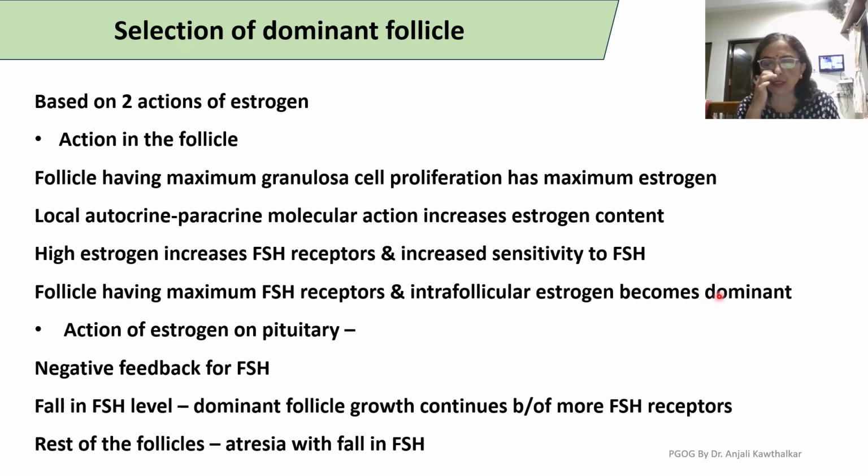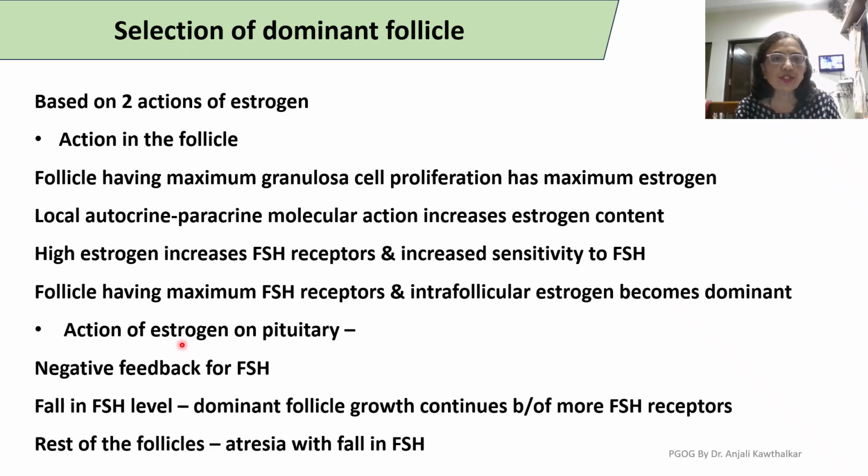It is almost like all the primordial follicles go on to become primary follicles, then pre-antral follicles, then antral follicles, and it is almost like a race. All the antral follicles compete with each other, and the follicle which has the maximum number of FSH receptors, maximum granulosa cell proliferation, and maximum estrogen content becomes the dominant follicle.